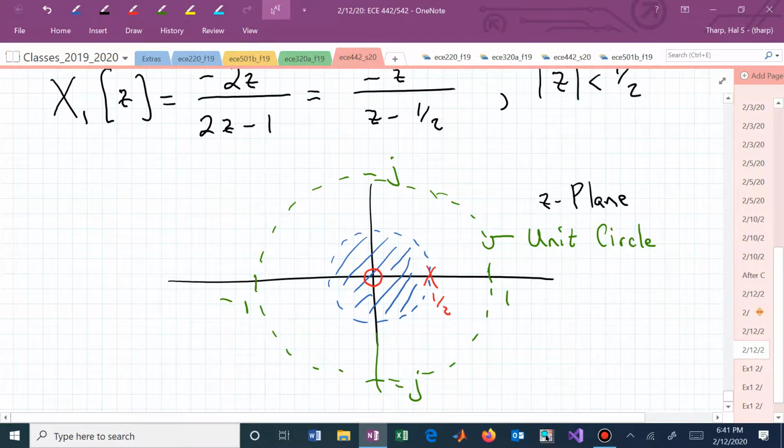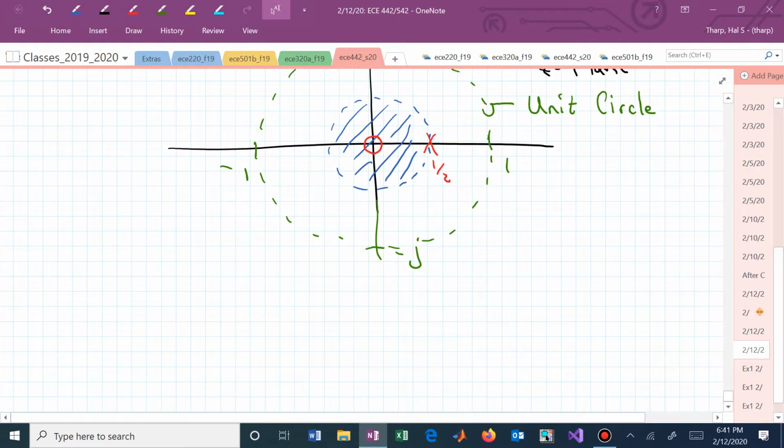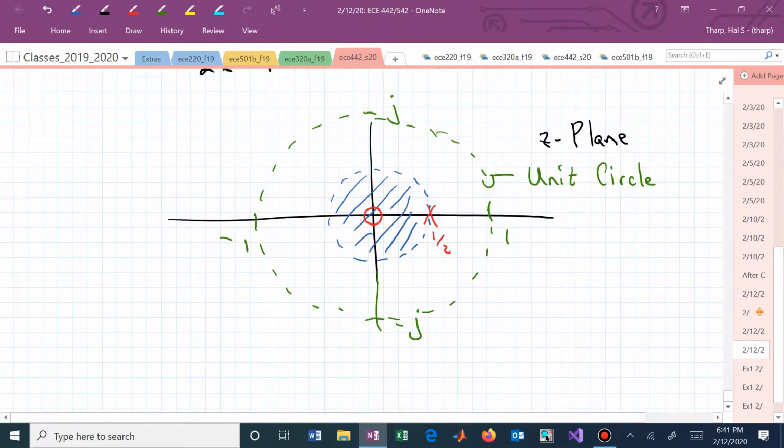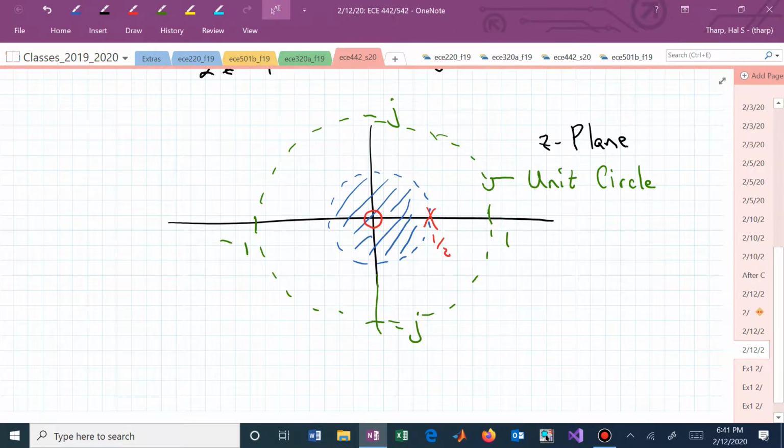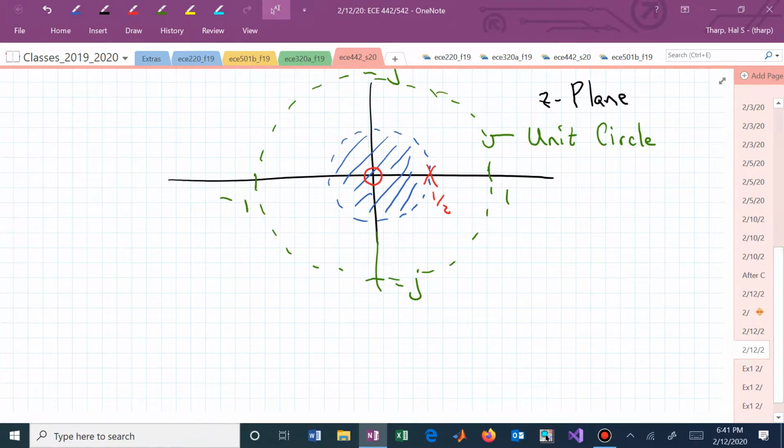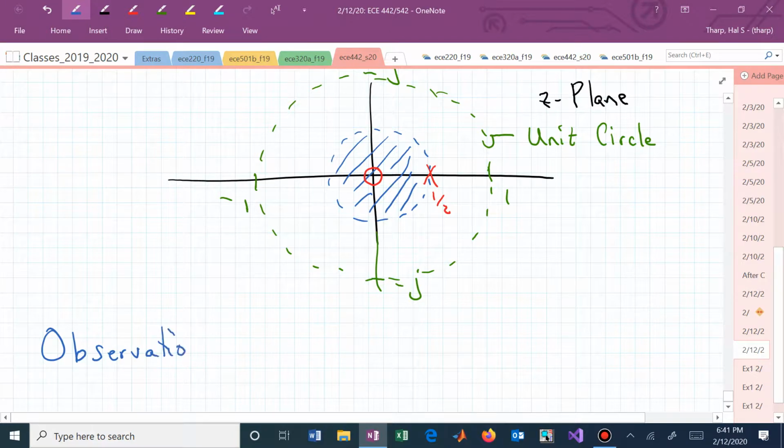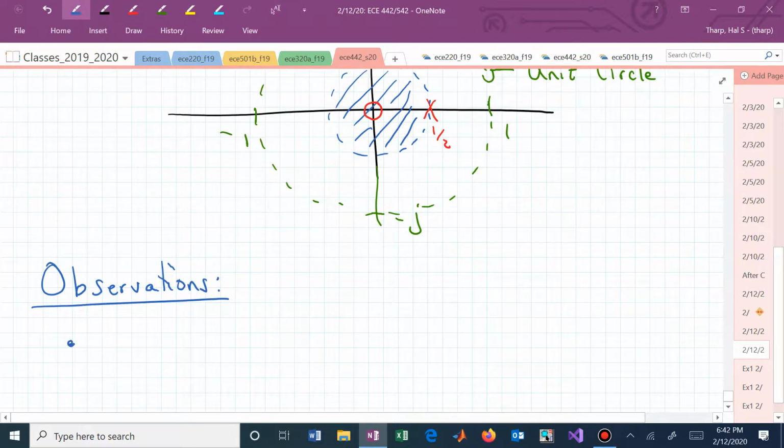What comments or observations can we make relative to what we've just concluded with this first case? What was the time response behavior of little x sub 1 of n?